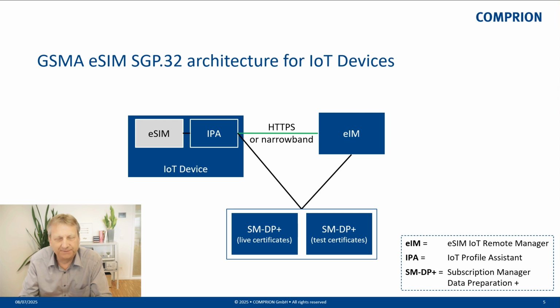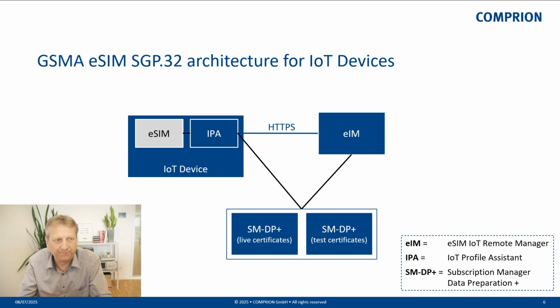So both is possible, but what we see in the market is that IoT devices which are launched or which are under development mainly support the HTTP protocol today. And we haven't seen a lot of narrowband protocol implementation. So that may change in the future, and we are observing the market. But for now, this means that our products, our emulators, focus on the HTTP communication between the IoT device and the eIM.